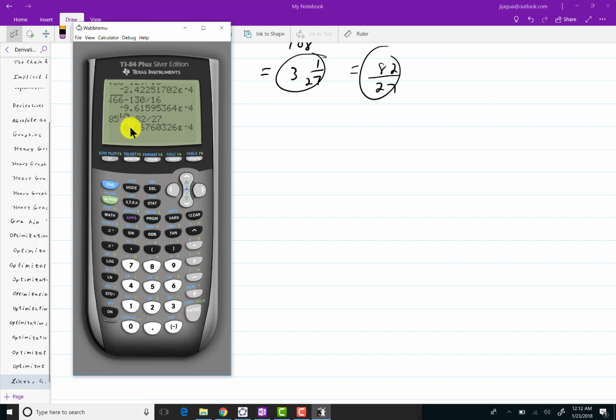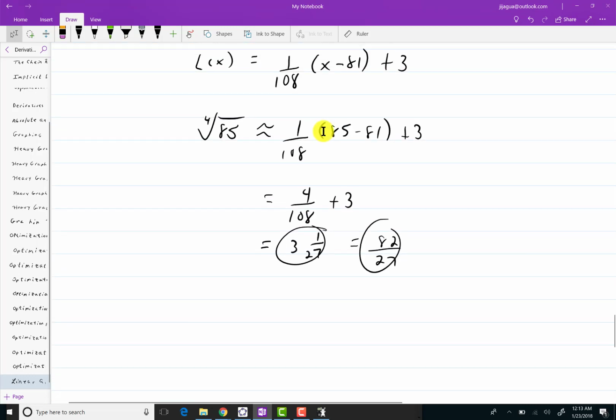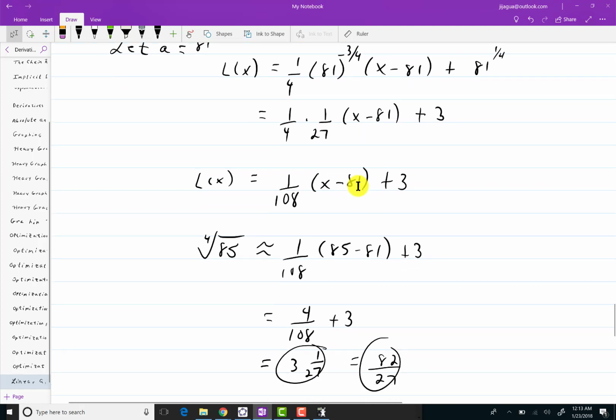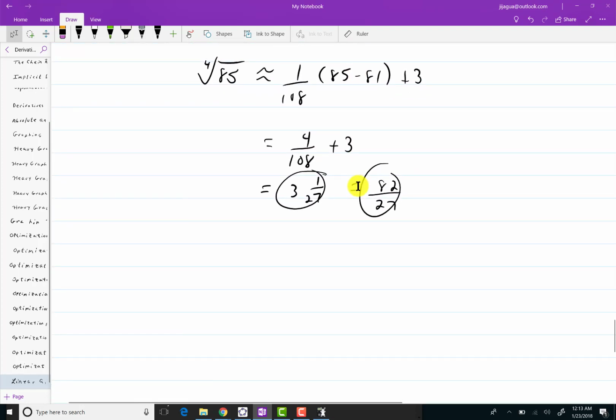And here the error is negative 0.0007. So once again, pretty accurate answer. So the whole game plan is to get this tangent line, if you will, and that's used as our approximation, so long as you pick numbers that are close.